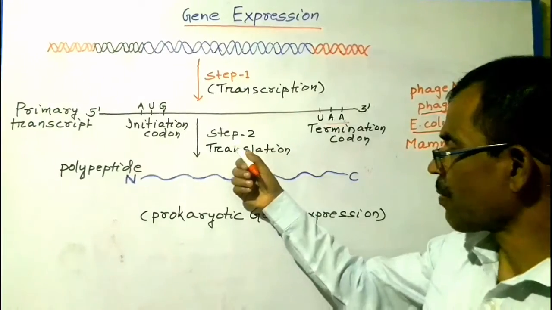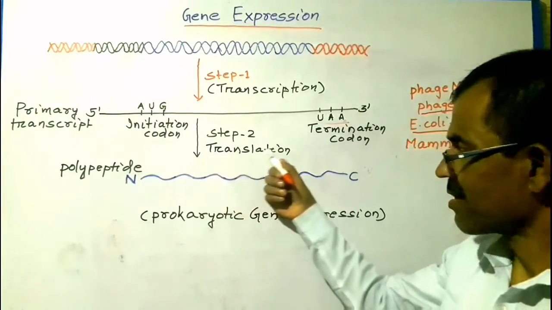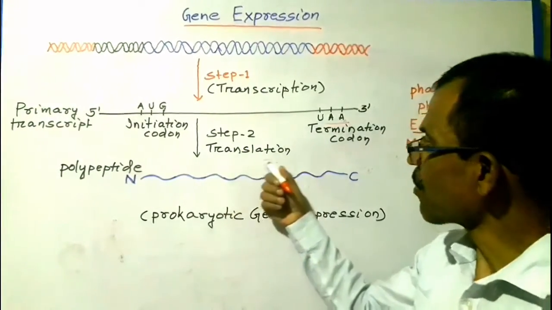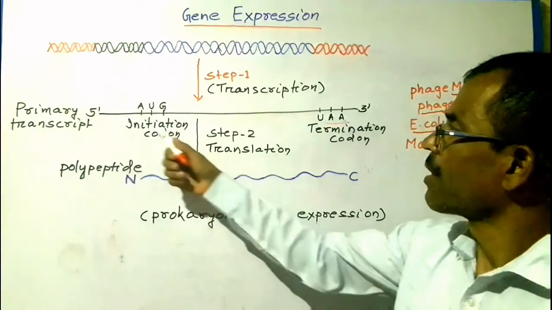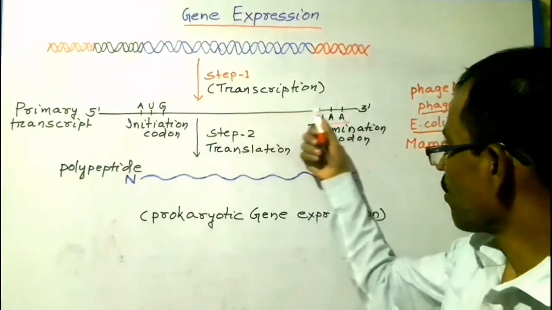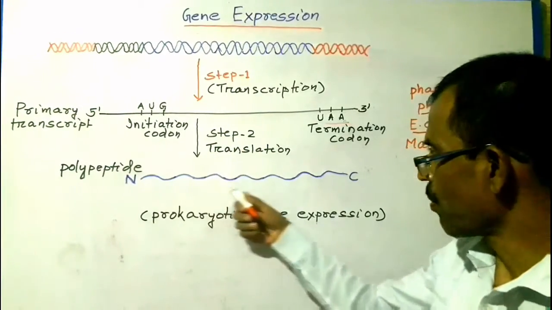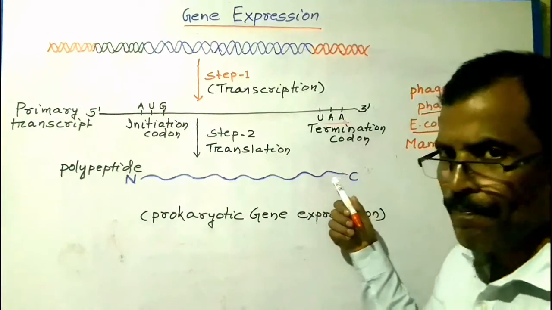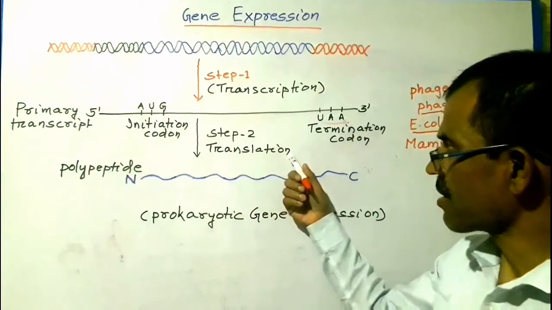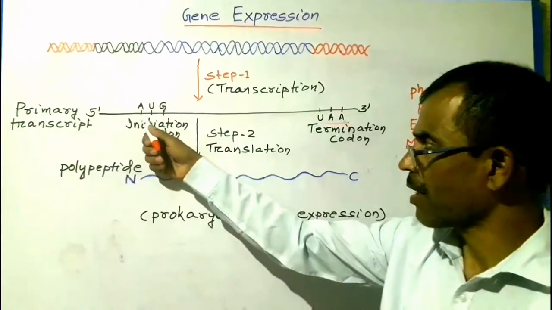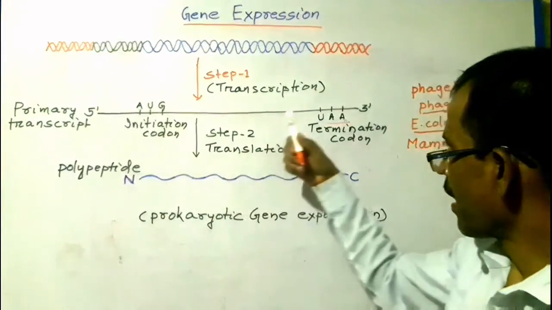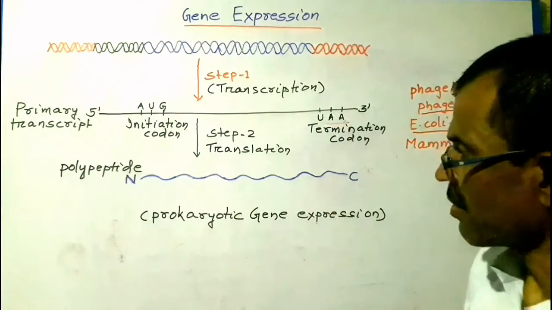The second step of gene expression is translation. In translation, the nucleotide sequence of mRNA is translated into a polypeptide chain. The process of translation begins from the initiation codon and ends at the termination codon.